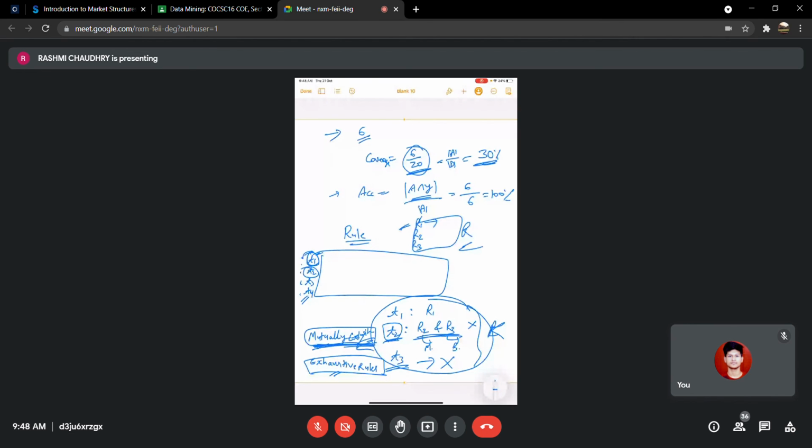Exhaustive says that every record should trigger at least one rule. If these two properties are satisfied, then every test record will get classified, right?